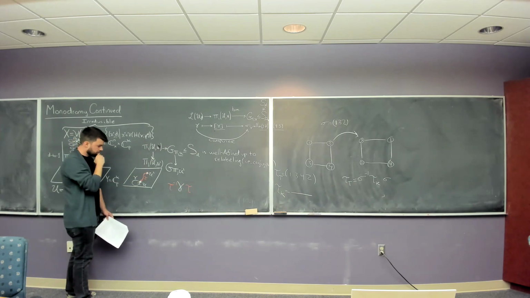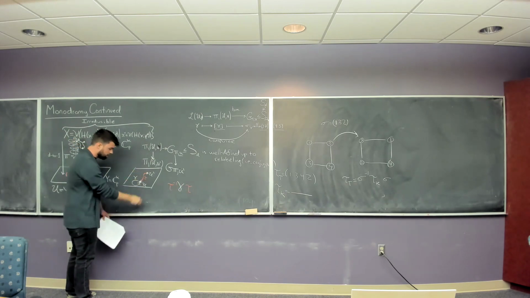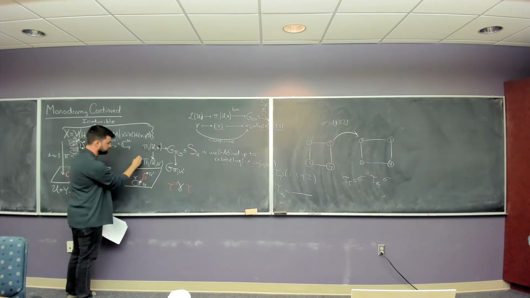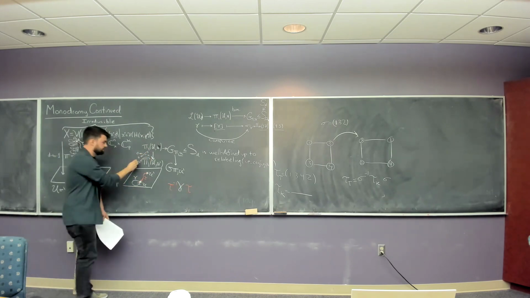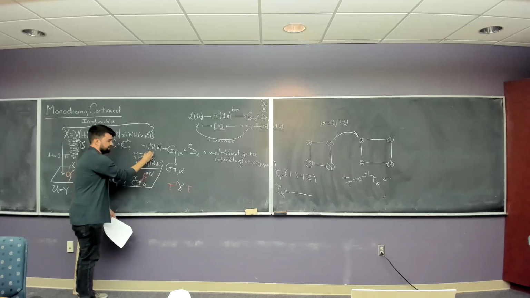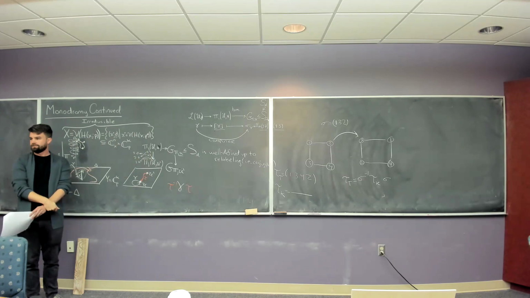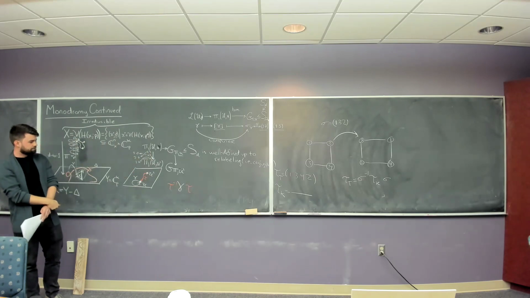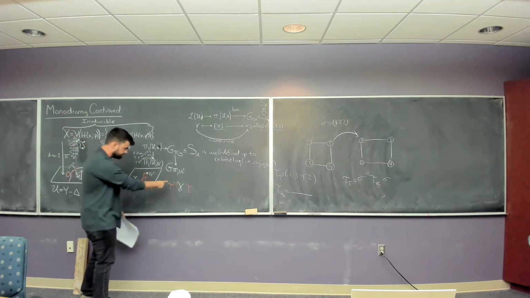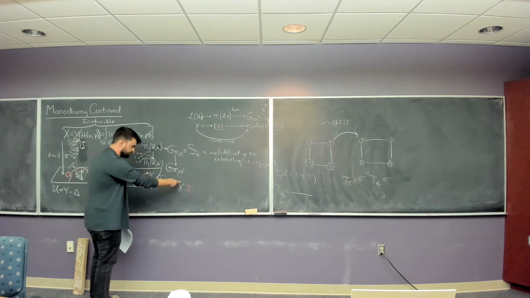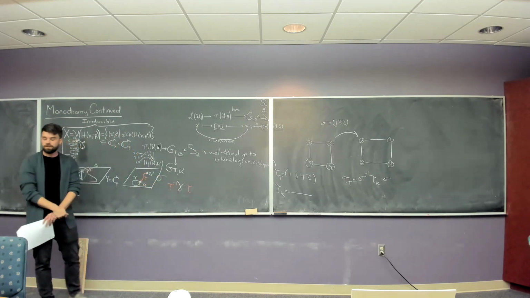Notice, all tau is doing is giving me some bijection between the labeling here and the labeling here. In other words, the only thing that changes when I look at the monodromy over this loop is that it's a relabeling.